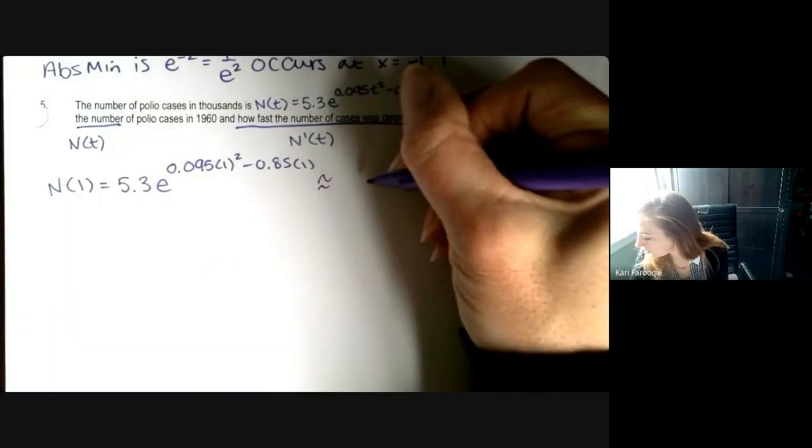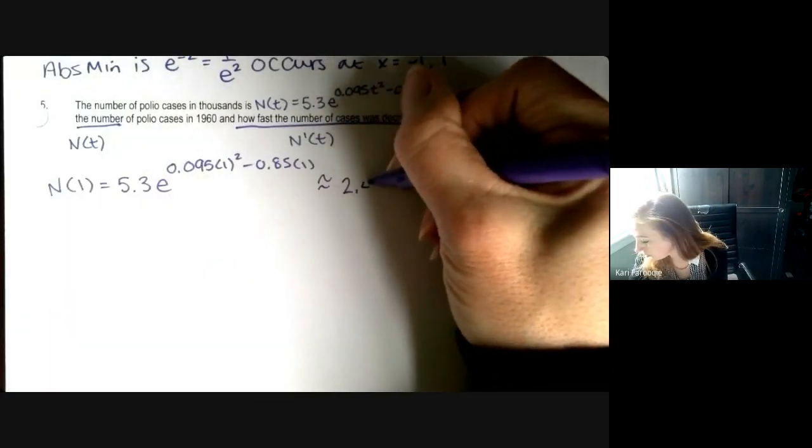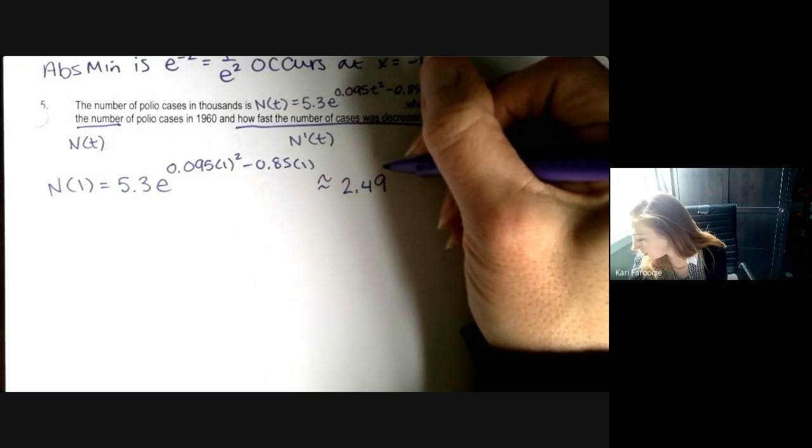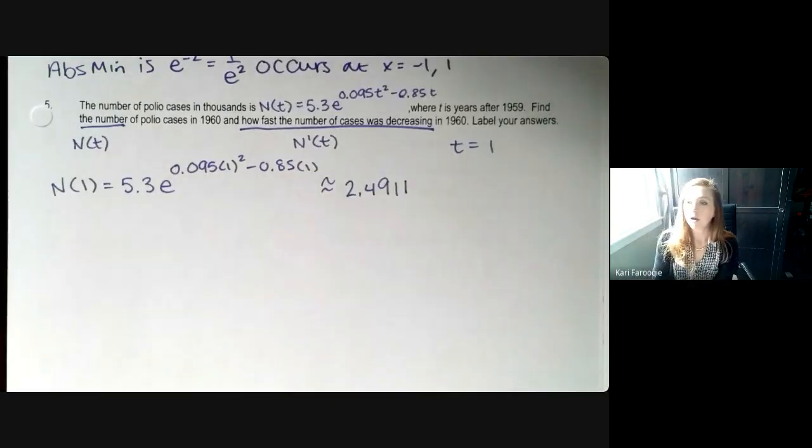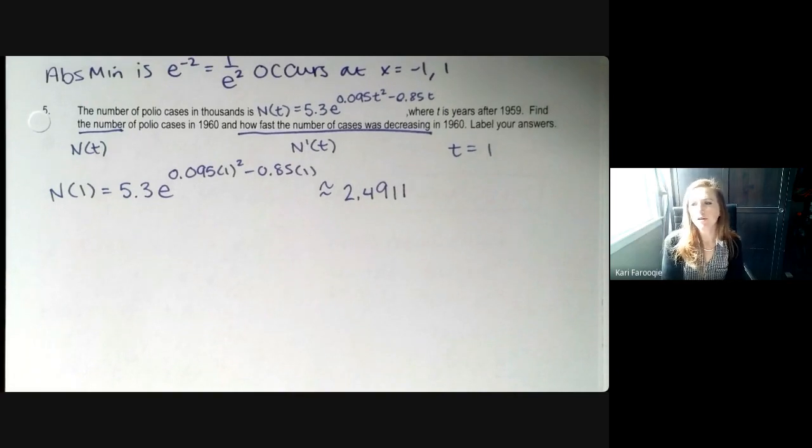What did I get? Let's see, 2.4911 as n of 1. Now, if you're thinking like, wait a second, find the number of polio cases in 1960. The number of polio cases is 2.4911. That probably doesn't make sense because you'd be expecting more.